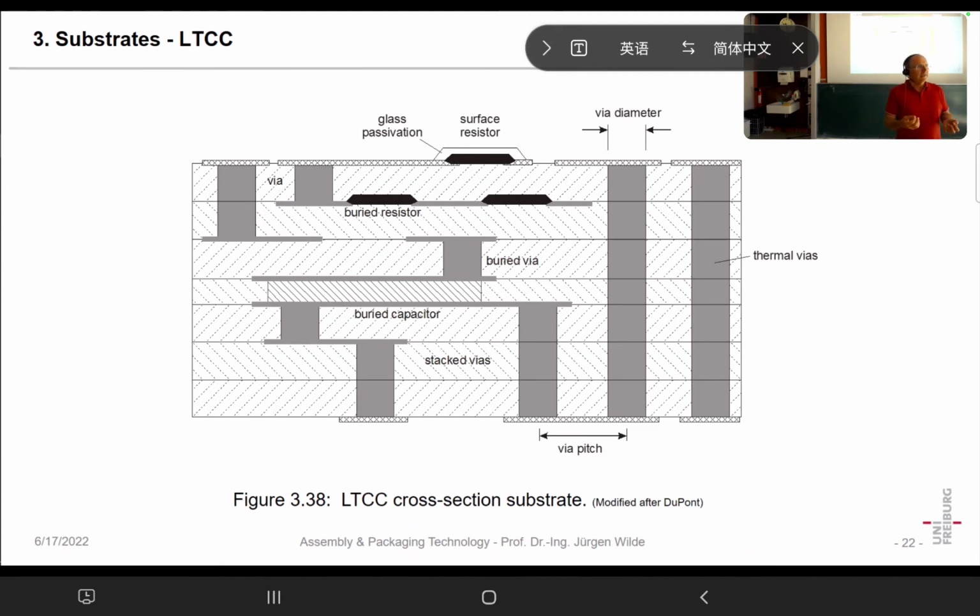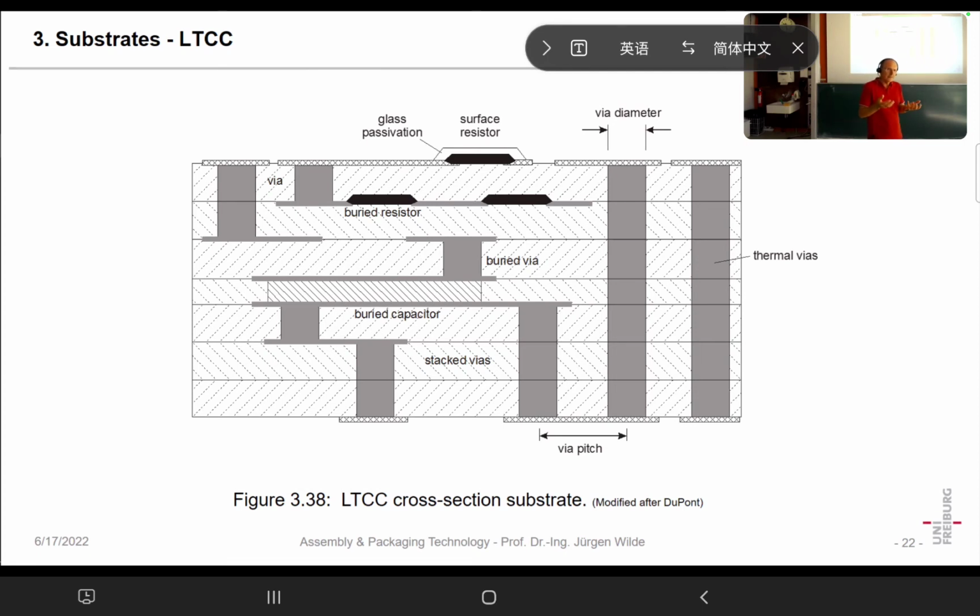So again, that shows us it's not only the material properties, it's always a combination of material and specific design that solves the problem. And so thermal vias are really important.